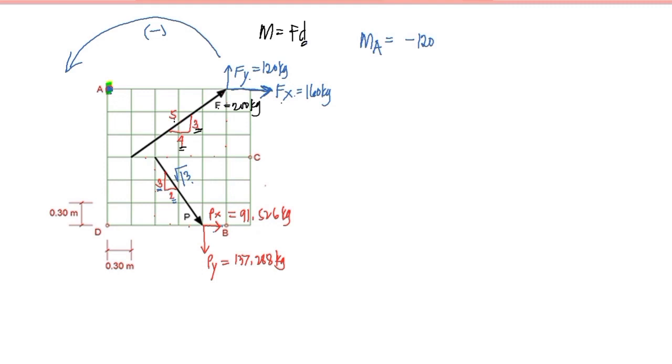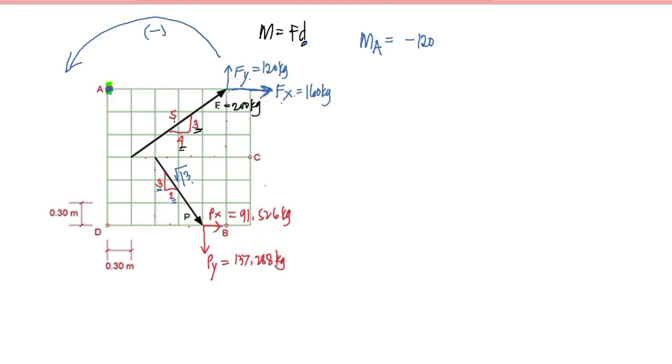So gaano kalayo si Fy from point A? And from the definition, the distance must be perpendicular. So, since Fy is vertical, yung distance na i-consider natin papuntang point A is the horizontal distance, which is this distance here. Yung distance na yan yung perpendicular distance ng Fy papuntang point A.